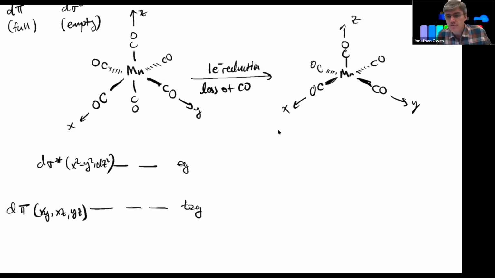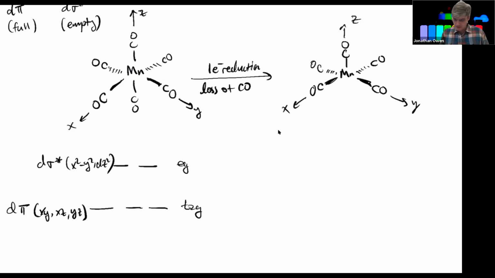They point in between the ligands. Their nodes fall on the ligands. And that's why they're pi symmetry, because then there's an internuclear nodal plane. So the xz, yz, and xy fill up the spaces between the carbonyls, whereas the x squared minus y squared and the dz squared point at the carbonyls.